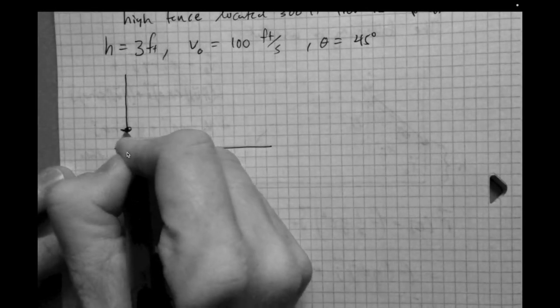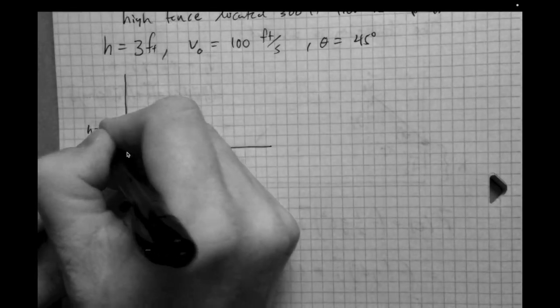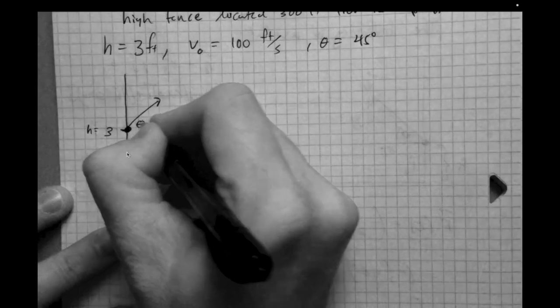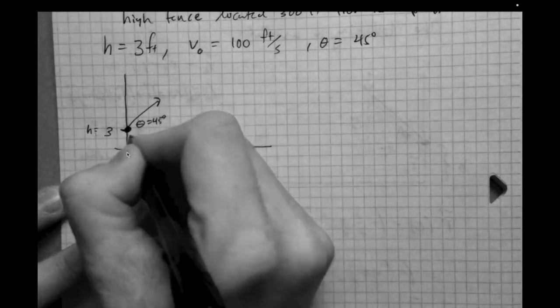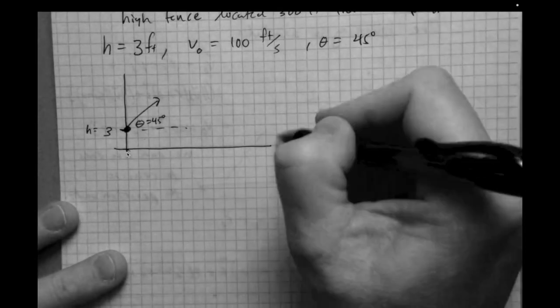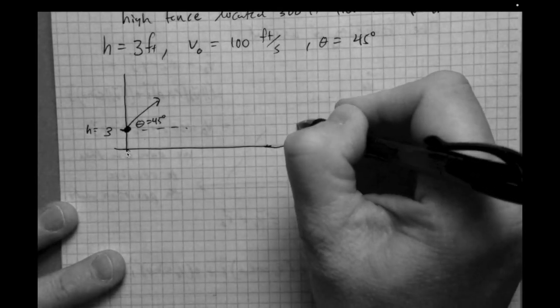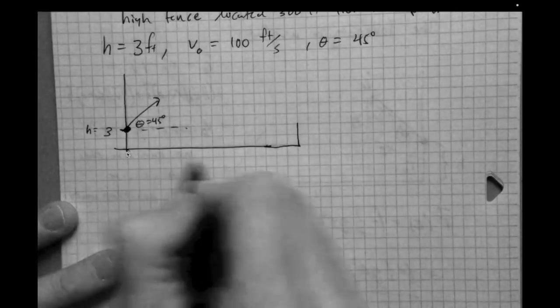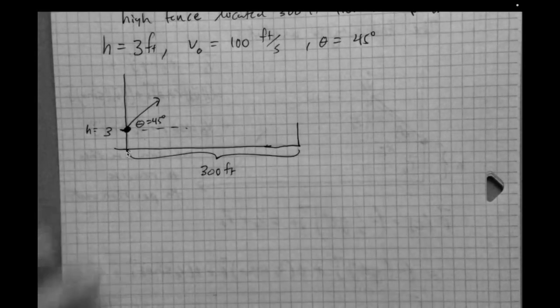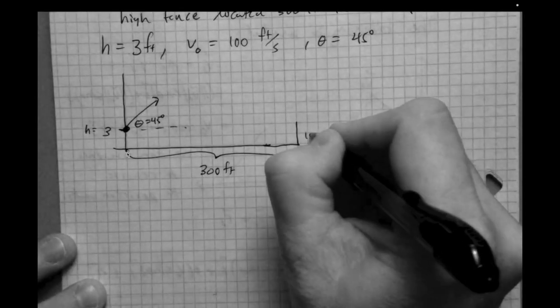So this is where the ball is hit. It starts at h equals 3. It takes off, and this angle theta is 45 degrees with the horizontal. And we're told that 300 feet out here, there's a 10-foot high fence.